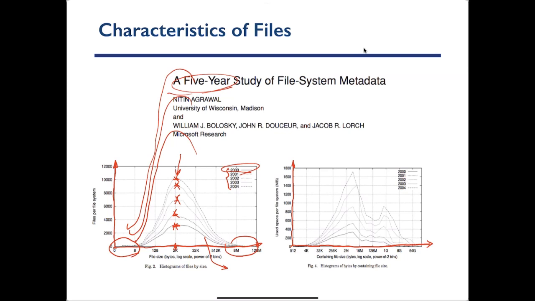So basically, this is kind of like a multiplication. For example, if you have a single file that is 1 gigabyte, it's kind of like the number of files with size X, times X, right?